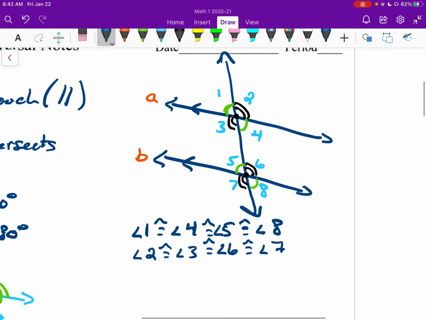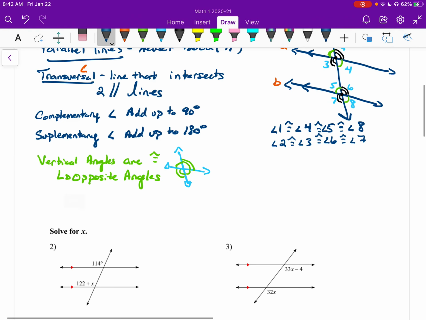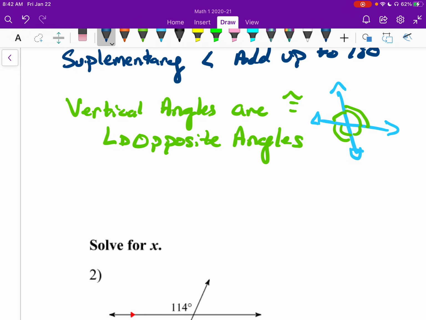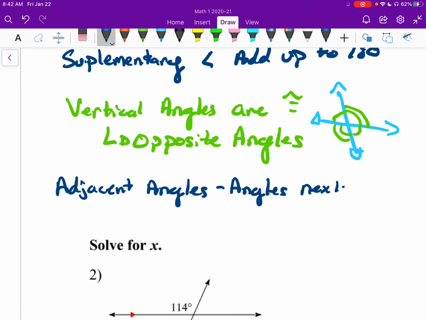Another word that we want to have here is, where do I want to write this? I'll write it down here. We have adjacent angles. Adjacent angles are what they sound like. Adjacent means next to each other.